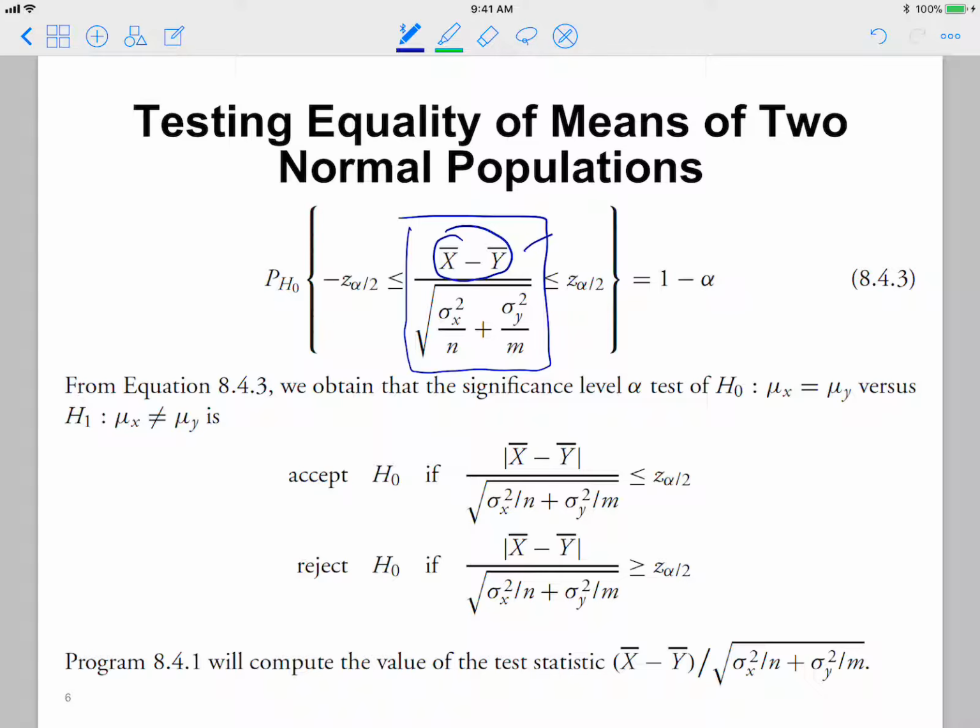But we have to subtract mu x minus mu y, right? Where is this? Why do we not see this value in our test statistic?